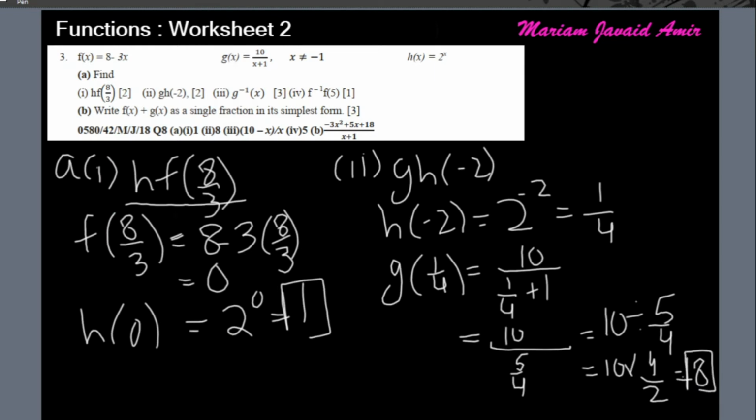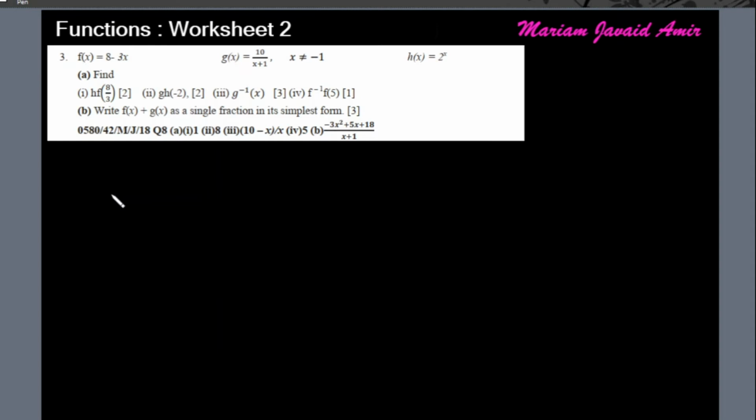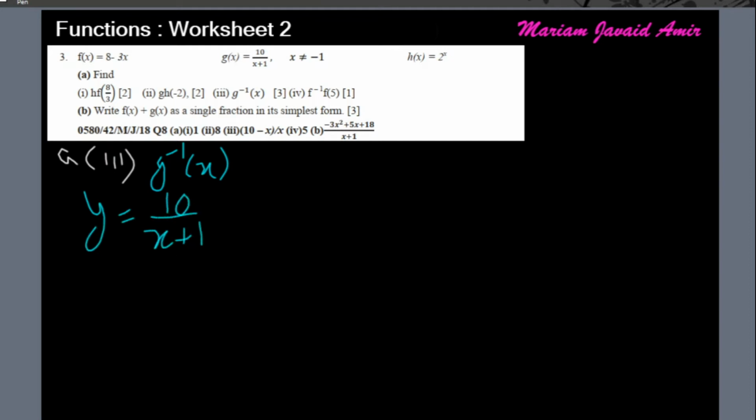Part A3 is find G inverse of x. Write y is equals to gx, so y is equals to 10 over x plus 1. Next, make x the subject.